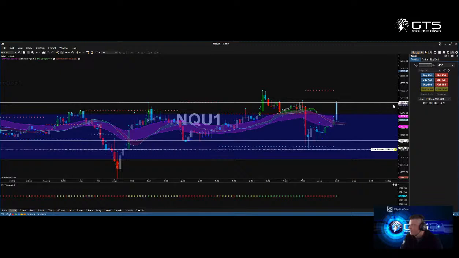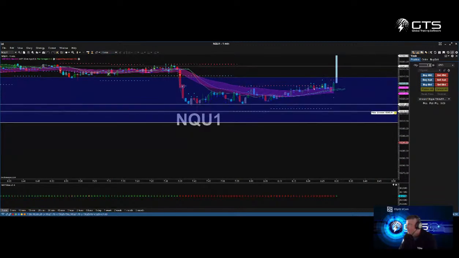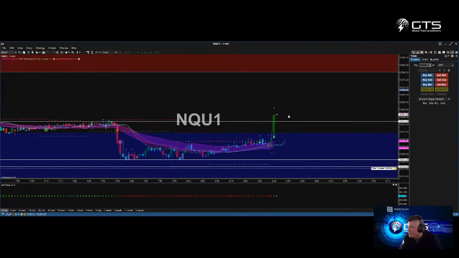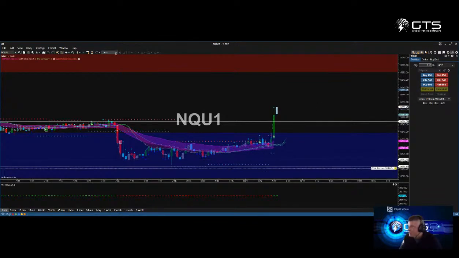Are we going to break it? This is the NQ. We're over here at the NQ. Come on. That is strong. And this is a 5-minute. Let's look at the 1 minute. That is really strong. Well, I say it was strong. Really strong. First candle done.